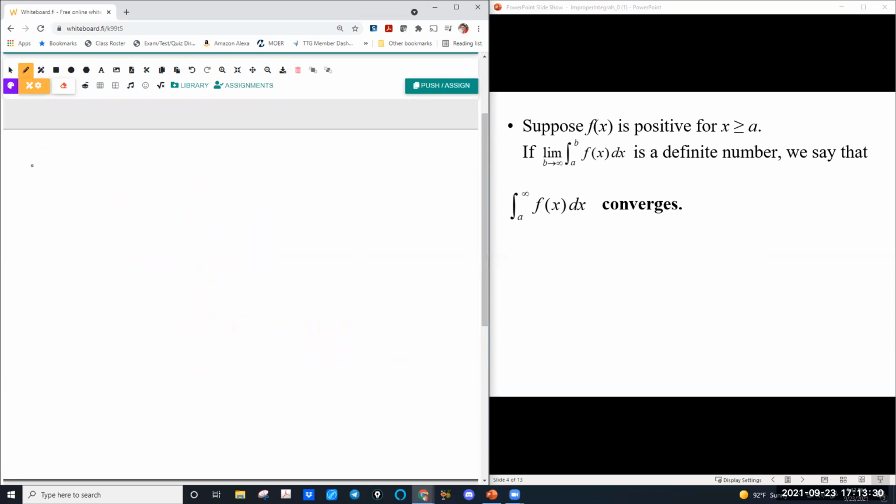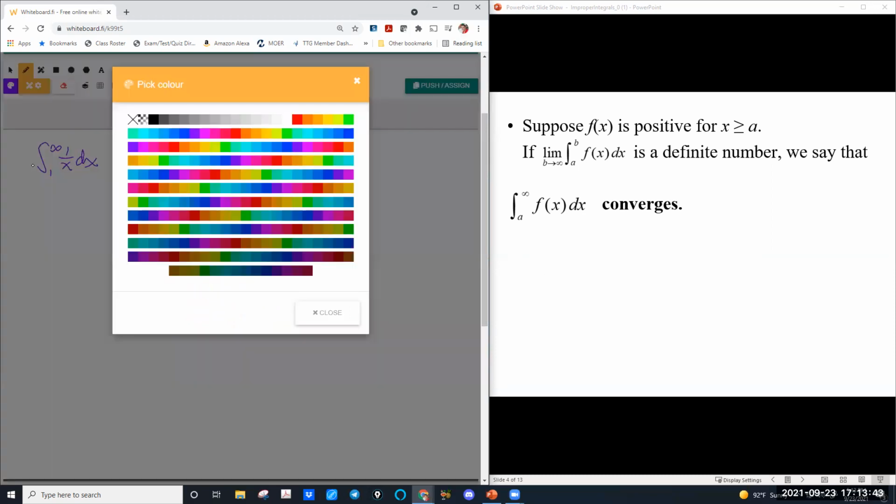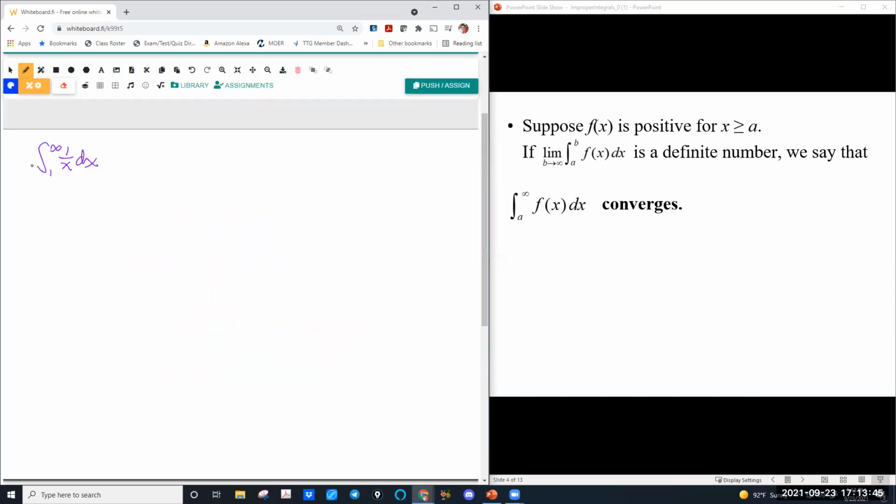All right, so a very basic one, we'll go 1 to infinity of 1 over x dx. This is very similar to the one we just did, and we're going to follow basically the same steps. So limit as b goes to infinity of the integral from 1 to b of 1 over x.